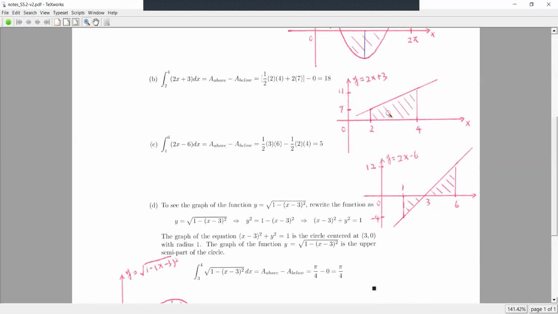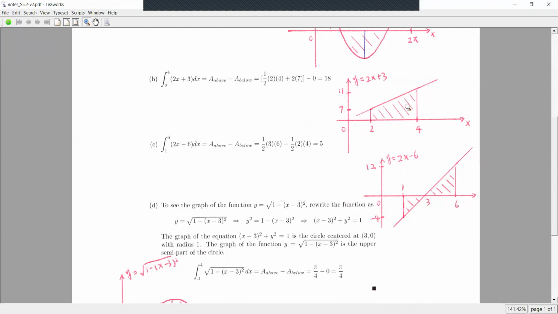Then this line will cut the trapezoid into a triangle and a rectangle. The area of the triangle is 1/2 times base. The base from 2 to 4 has length 2, so the base is 2.